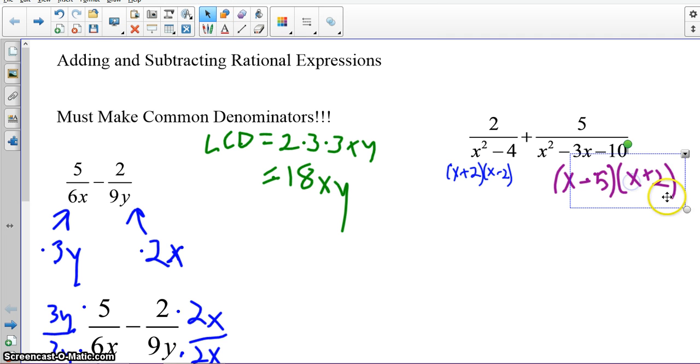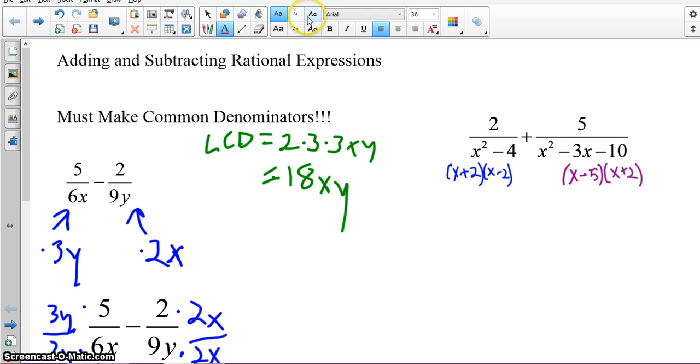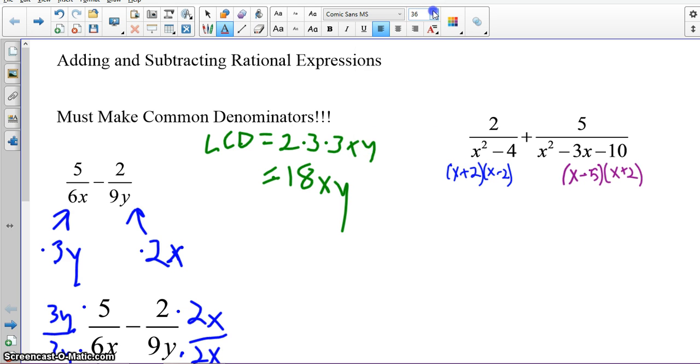Okay, so what that means is, now whatever, let's make it blue and smaller.